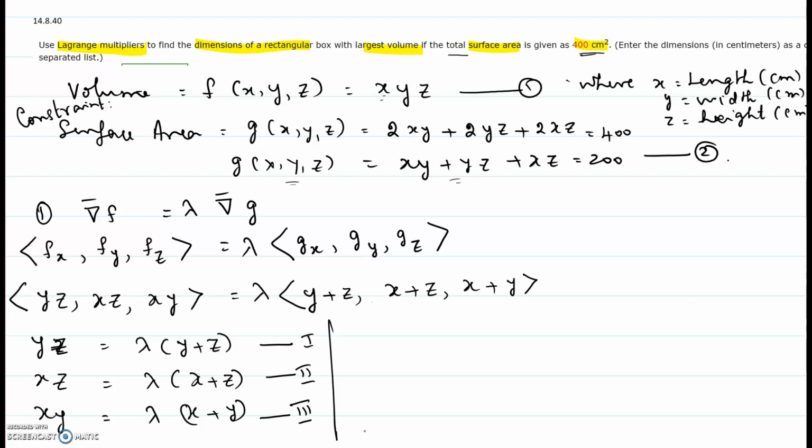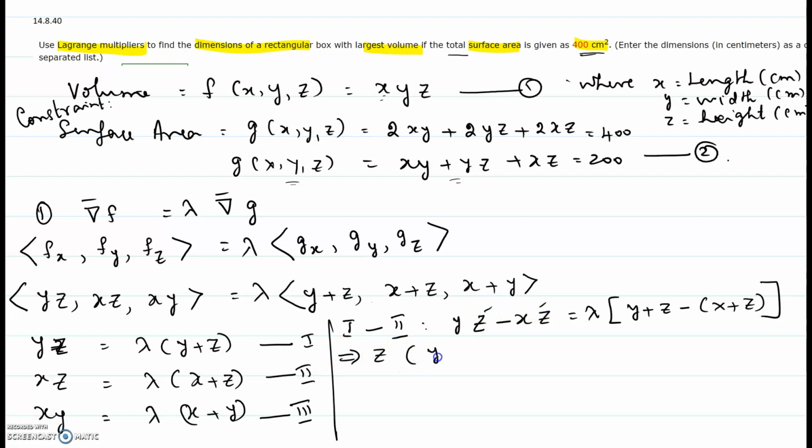So there are many ways of solving these equations. Now we will try to do equation 1 minus equation 2. That will give us on the left hand side yz minus xz equal to lambda times y plus z minus x plus z. So this would mean if you take the z out, z times y minus x equal to lambda times, here z would get cancelled out if you distribute the minus.